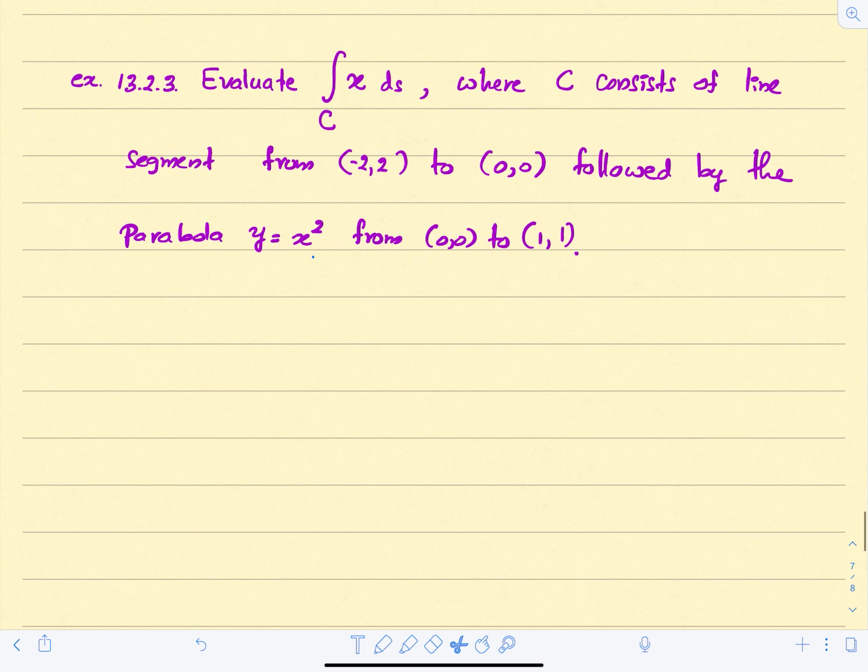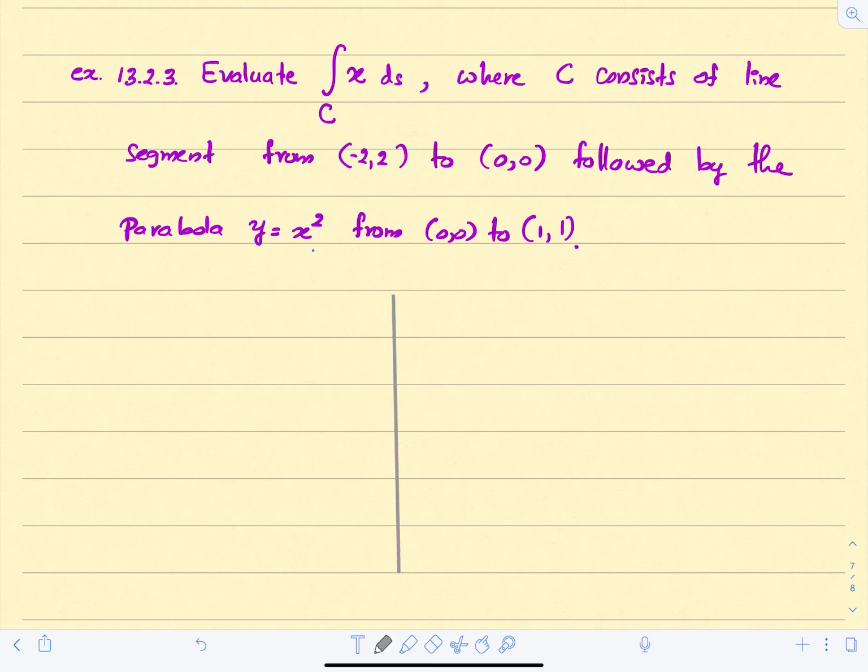Let's draw a picture to illustrate this line integral. Now this is a line integral in 2D space. This is x, and this is y.